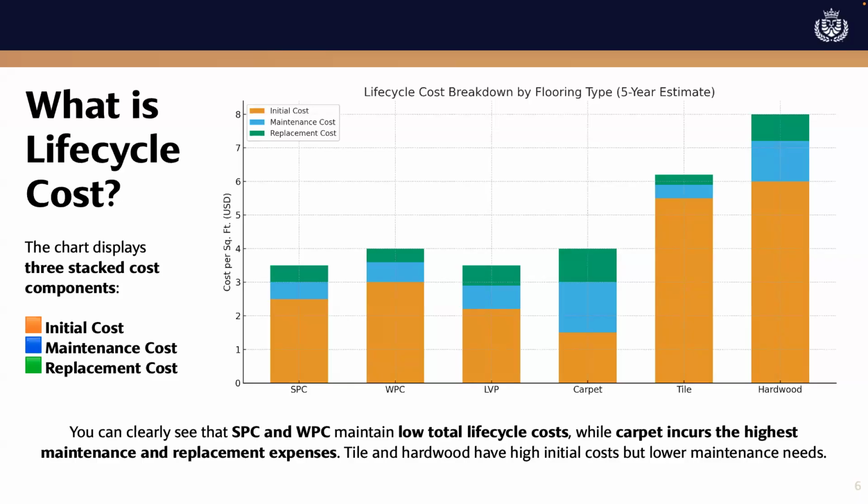Tile is also relatively expensive to put in compared to, say, carpet. But at the end of the day, SPC, WPC, and LVP are typically going to give you a better life cycle cost because you're going to be able to put it in for a moderate amount and not have high maintenance on it, right? So again, the life cycle cost refers to the total cost of the flooring over time, not just the install price.